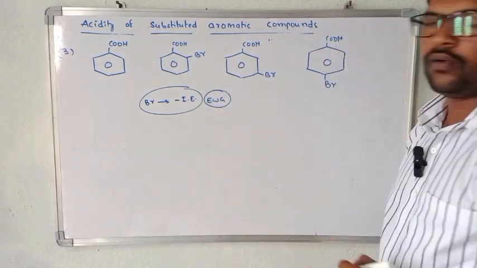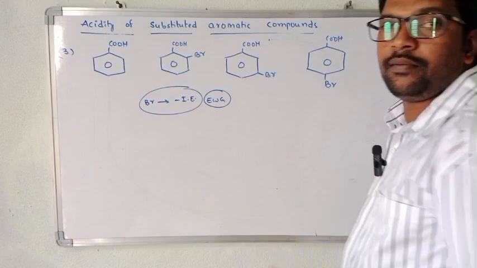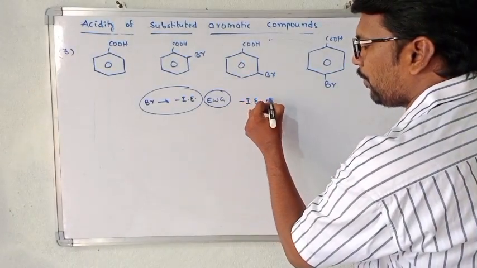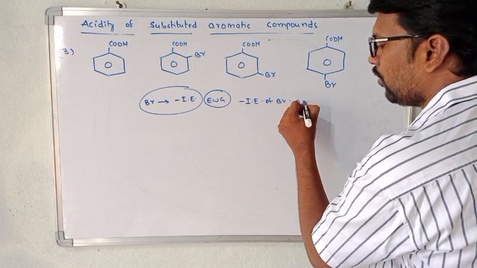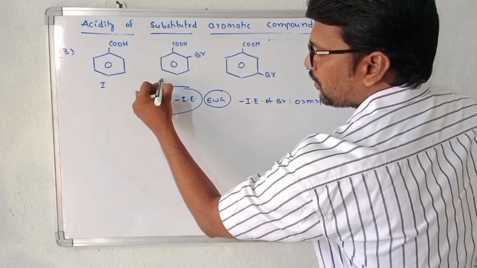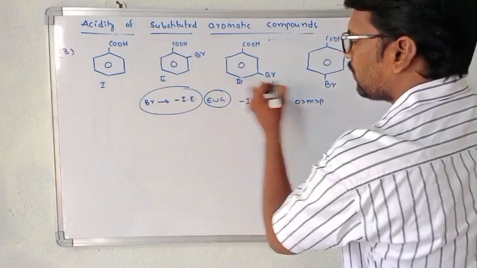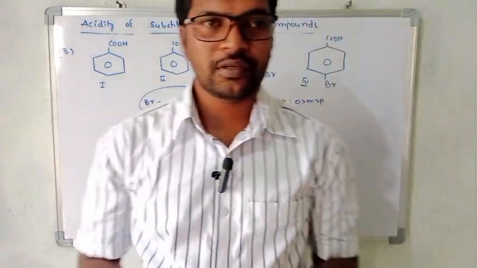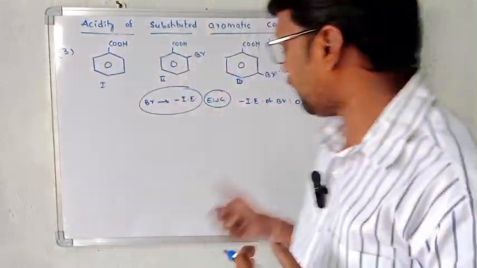When you write about the minus I nature of this bromine, it is present like this: ortho, meta, para. That is the order. If you number these 1, 2, 3, 4, among these four, minus I nature is highest at the ortho position, after that meta, and after that para.